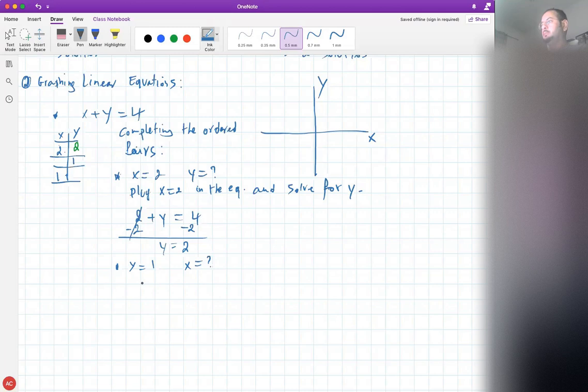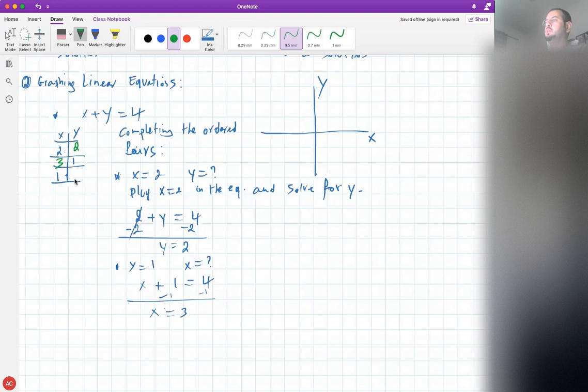So it's going to be x plus the y, which is 1, equal to 4. Then solve this for x. Easily again, one step. What do we do here to find the value? Minus 1 on both sides. That's it. x is 3. So the other pair is complete.